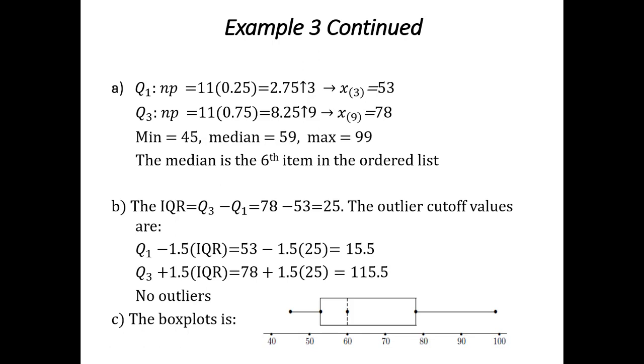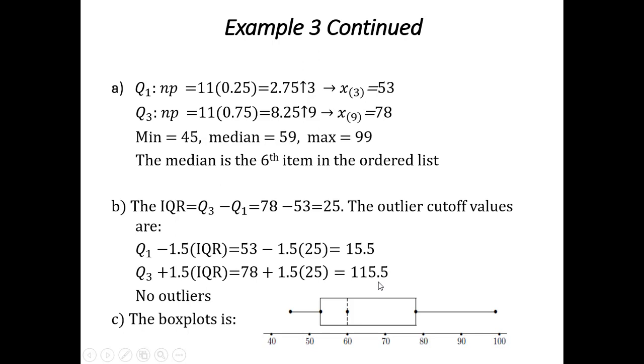So this would be my cutoff value for outliers on the low end, but we also need a cutoff value for outliers on the high end. So for this, we take Q3 plus 1.5 times the IQR. So I have 78 plus 1.5 times 25. Simplify that, we get 115.5.